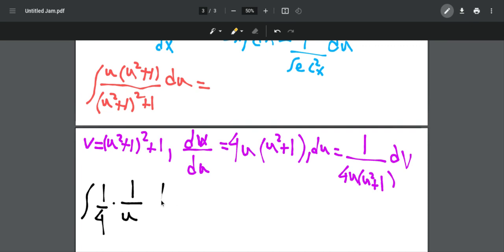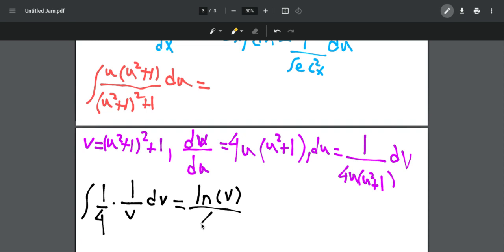Because 1/4 is a constant, we can take it out of the integral. The integral of 1 over v is just the natural log of v, so we get natural log of v, over 4.